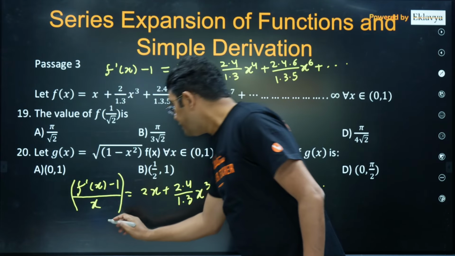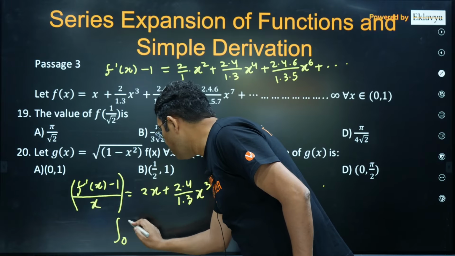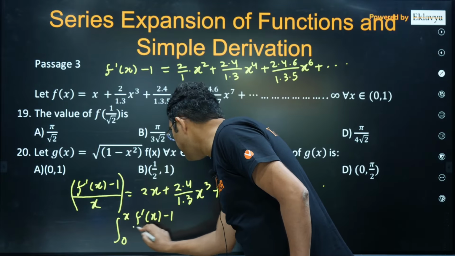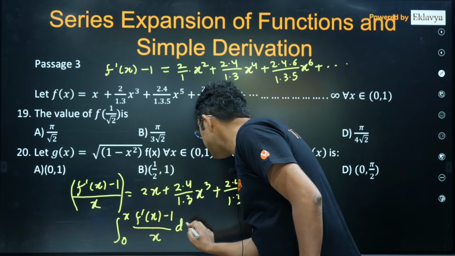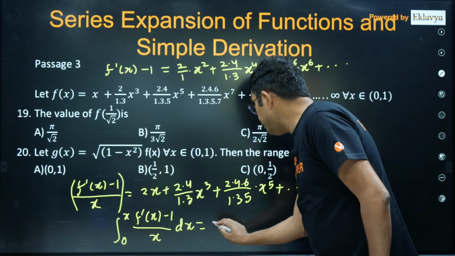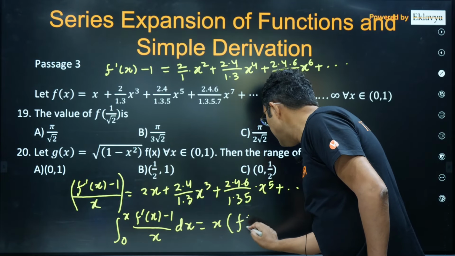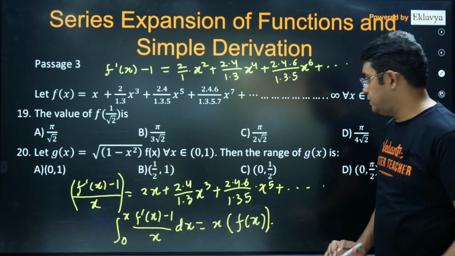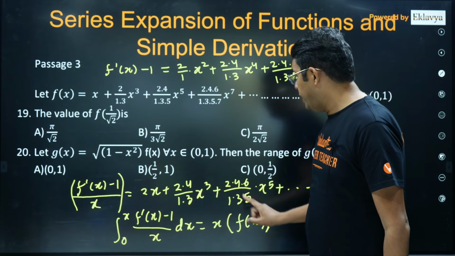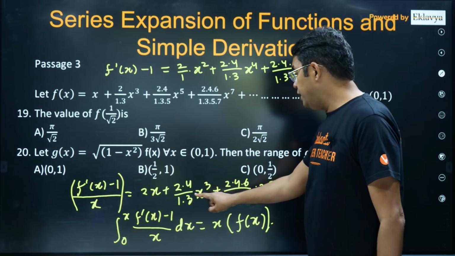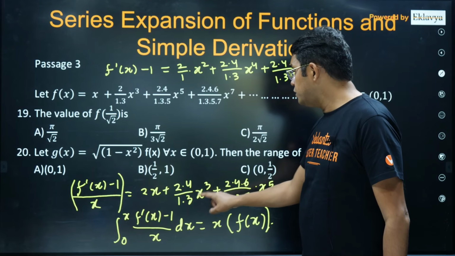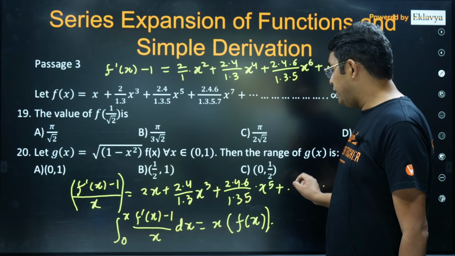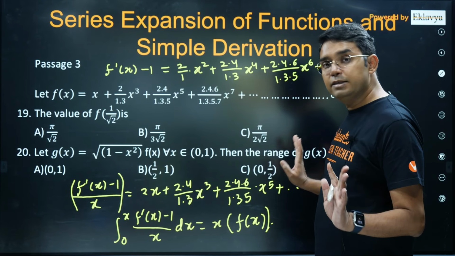So what I am saying is that if we integrate this from 0 to x, that is f dash x minus 1 upon x dx, then if you take x common on the right hand side, let me know if you can see it or not, x into fx. This will be x square if you take x common, so you get the first term. Here it will be 2 upon 1 into 3 into x power 4. So one term of x is extra everywhere, so you are getting this thing.